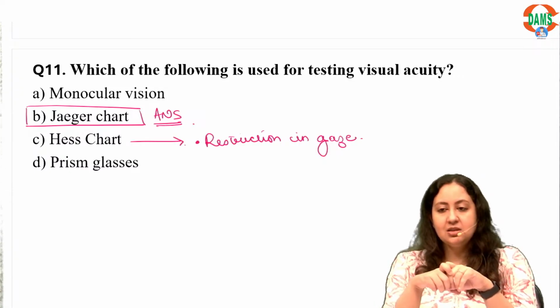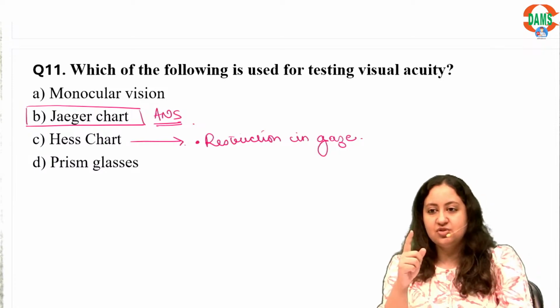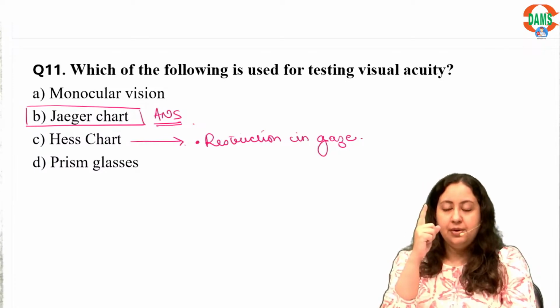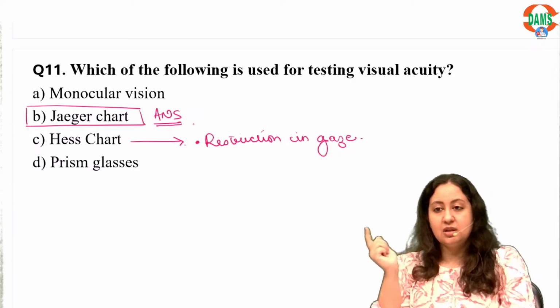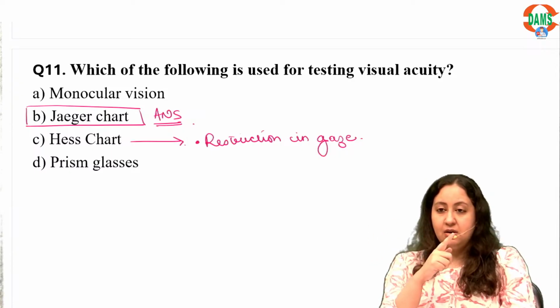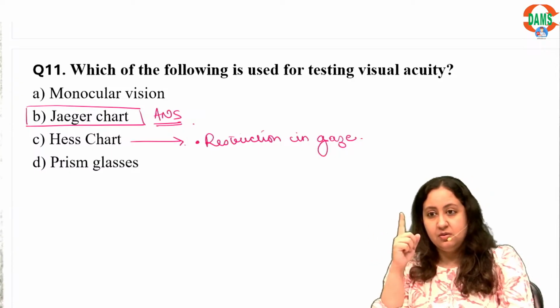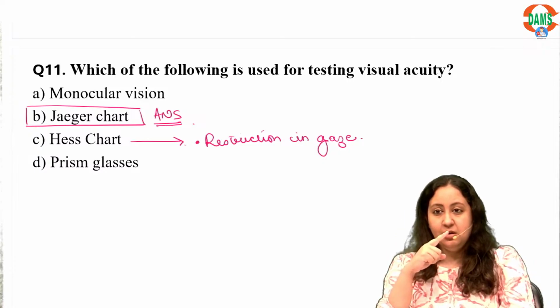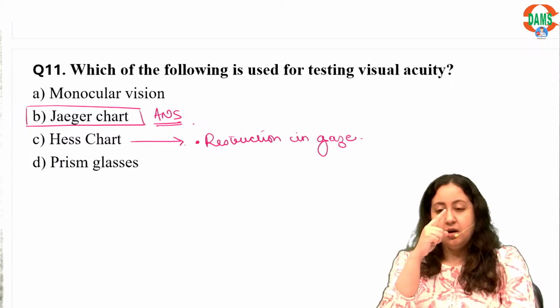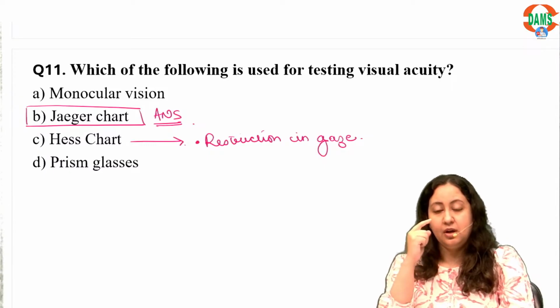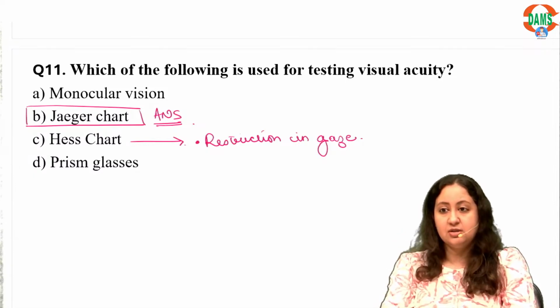When we are doing a Hess assessment, we ask the patient to look straight, to look up, to look down, towards the left, towards the right, then superior lateral, inferior medial, inferior lateral and superior medial directions.